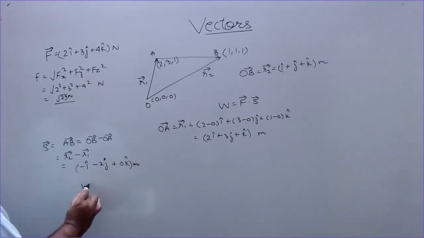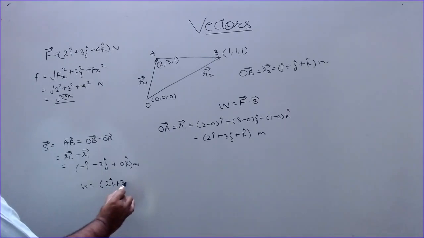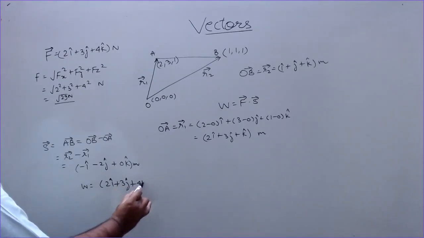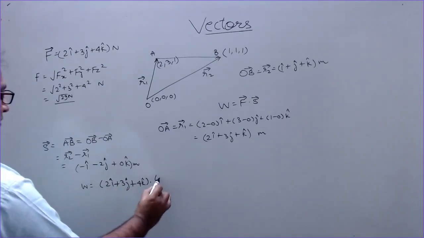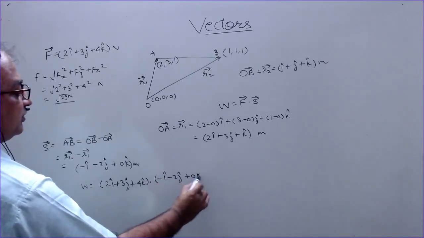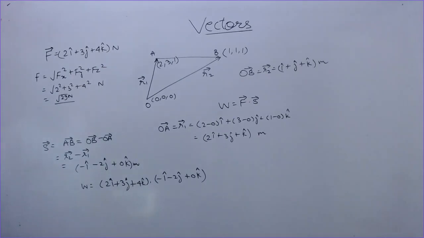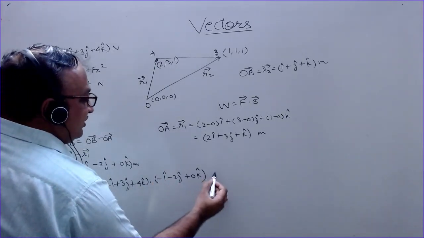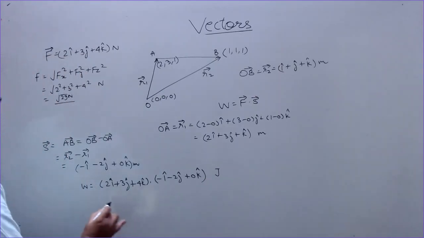So what is the work done? F dot s. So (2i plus 3j plus 4k) dot (minus i minus 2j plus 0k). Now we have to find the dot product. So take the dot product of i with i, j with j, and k with k, and leave the rest. The unit is joule or Newton meter.